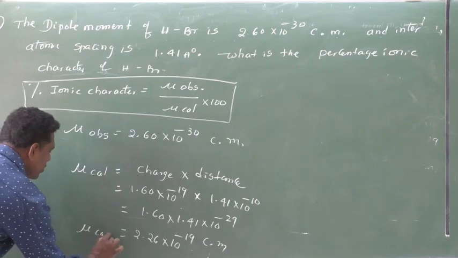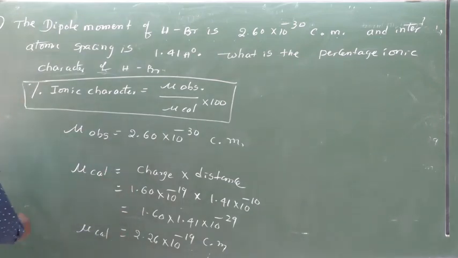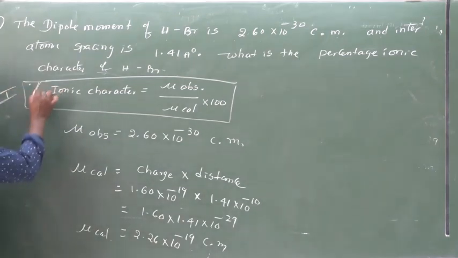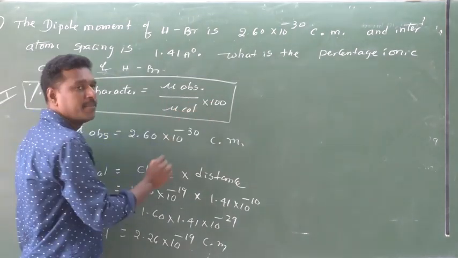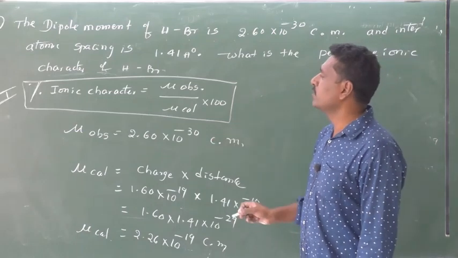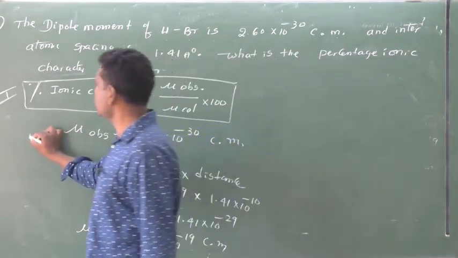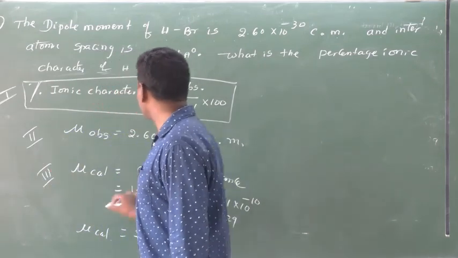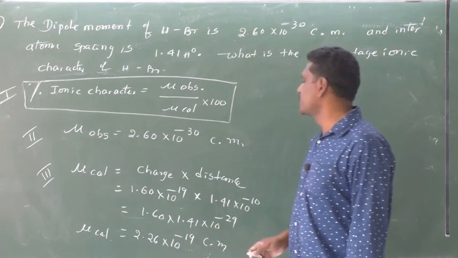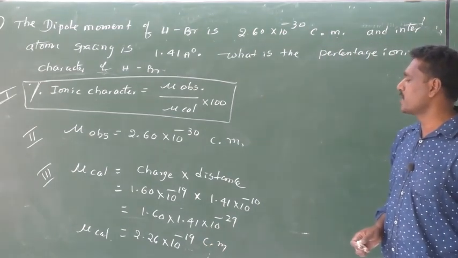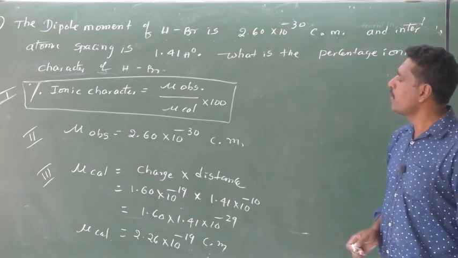This is mu calculated. So first you have to write the formula of percentage ionic character: mu observed by mu calculated into 100. Mu observed is given. The third step is mu calculated equal to charge into distance: 1.60 into 10 power minus 19 into 1.41 into 10 power minus 10.